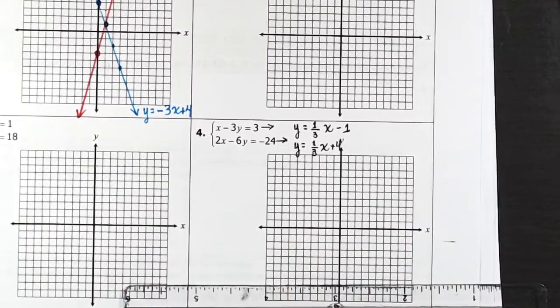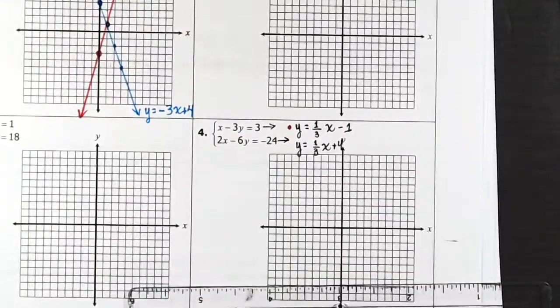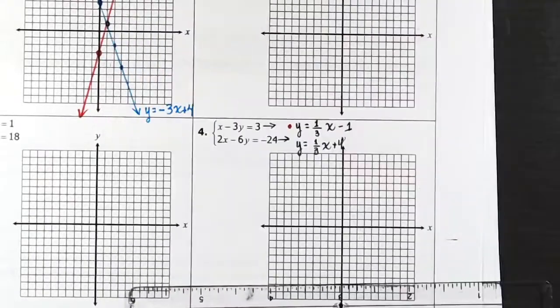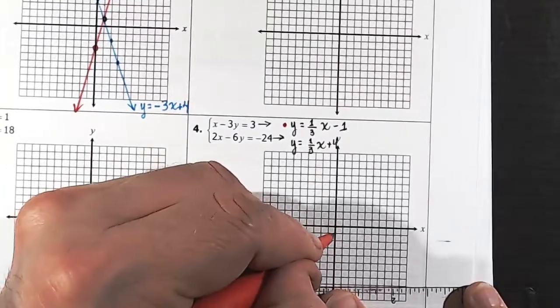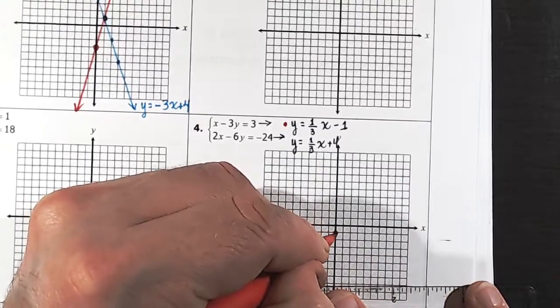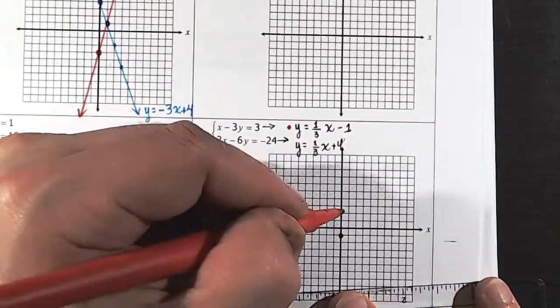Well, I'll do the top equation in red, and that top equation has a slope of 1/3 and a y-intercept of -1. So I start at -1 on the y-axis right here, and I go up 1 over 3. Rise 1, run 3.